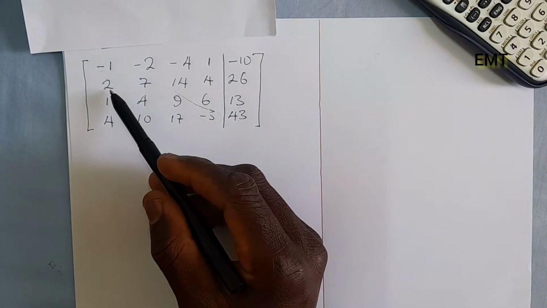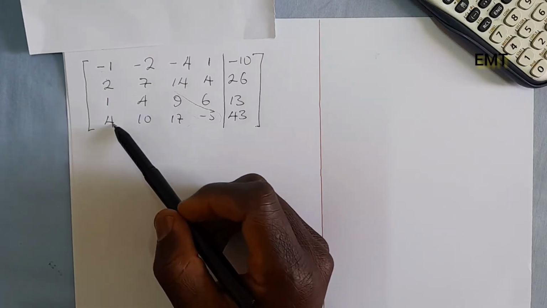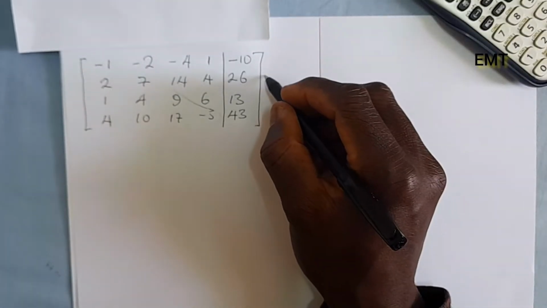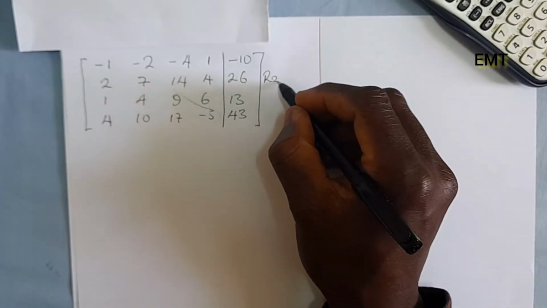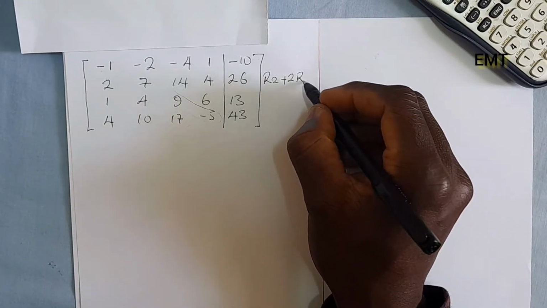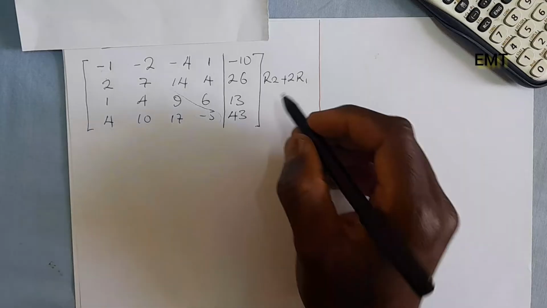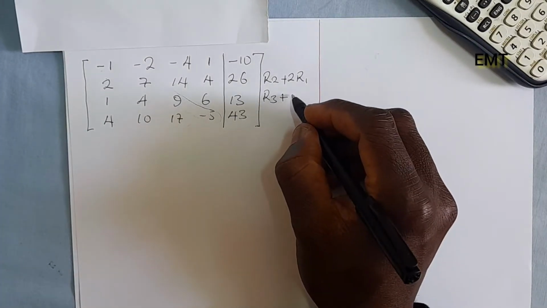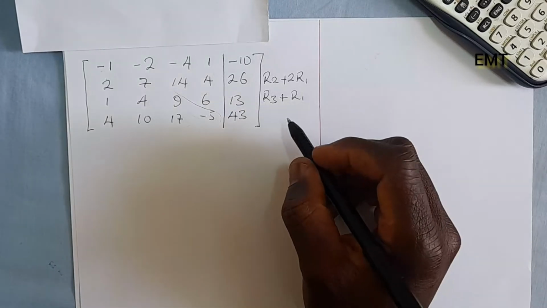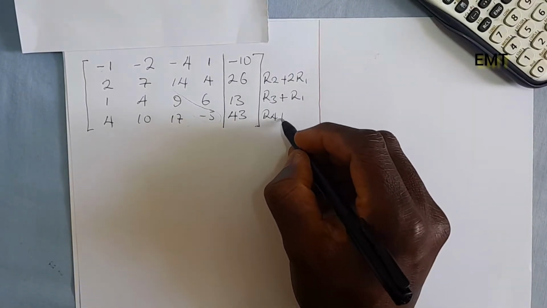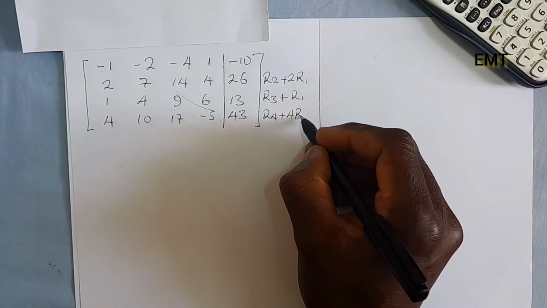For us to have a zero from here and here and here in the first column, we take row 2 plus 2 row 1. We know that that will give us a 0 here. Then row 3, we also add it to row 1. And then the last row, which is row 4, we add it to 4 row 1.